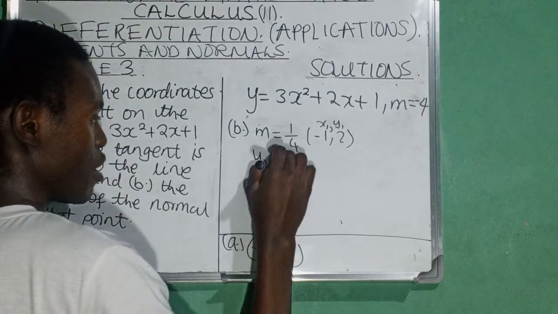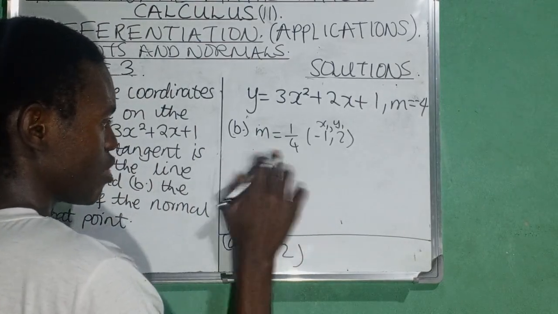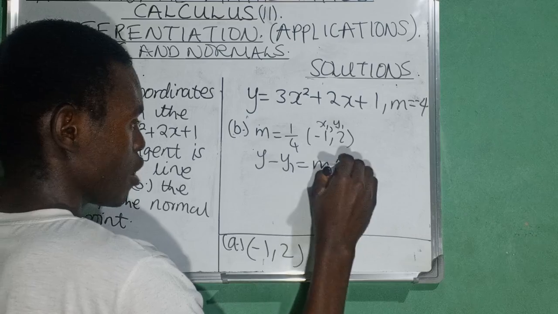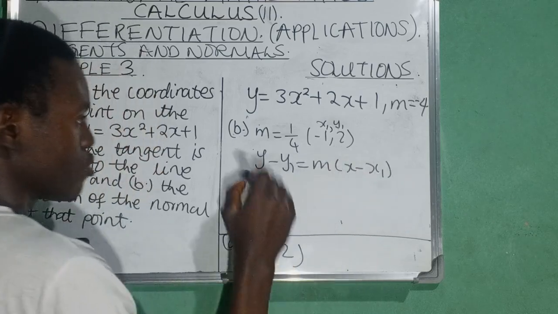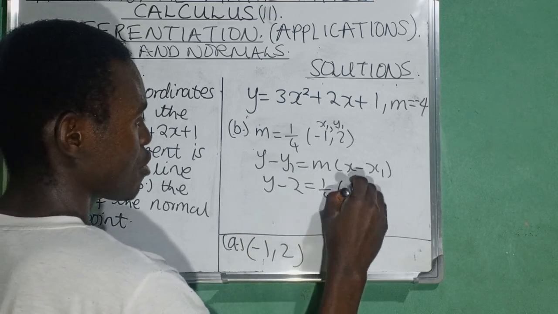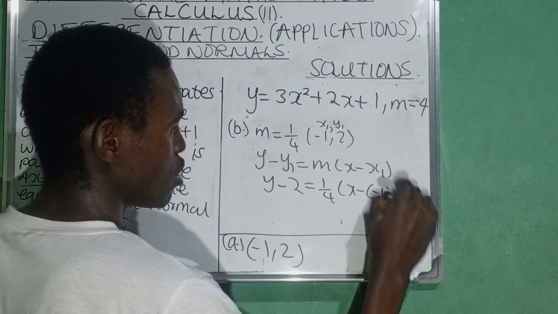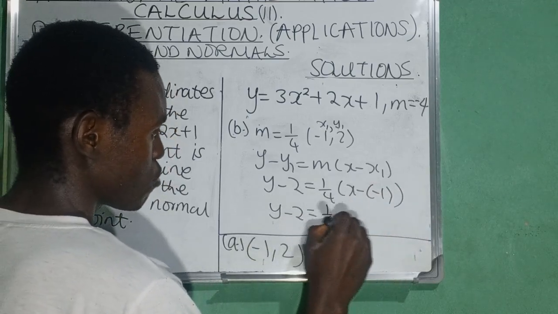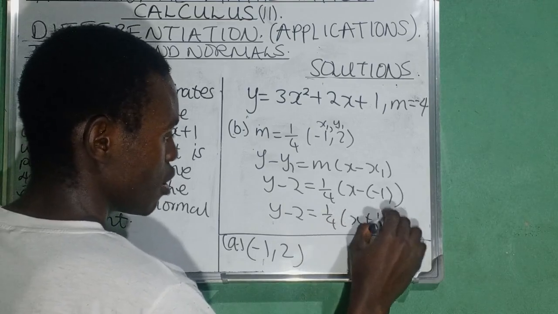So y minus y1 is equal to m times x minus x1. So it's going to be y minus 2 is equal to 1 over 4, x minus x1, which is negative 1 in brackets. So y minus 2 is equal to 1 over 4, x plus 1 in brackets.